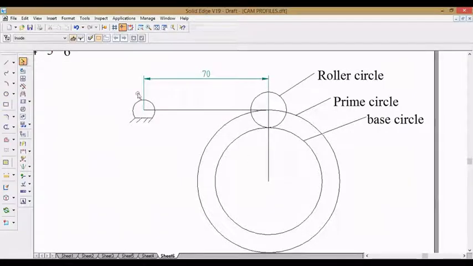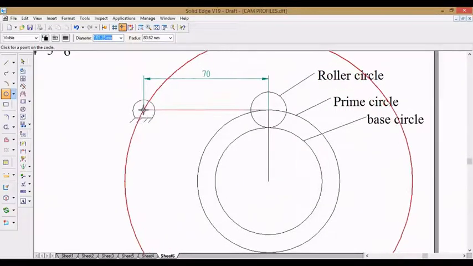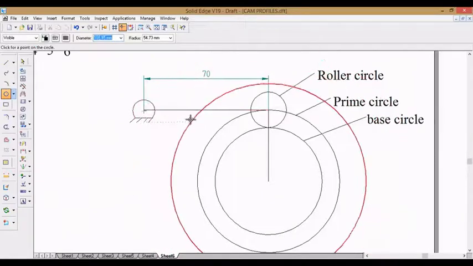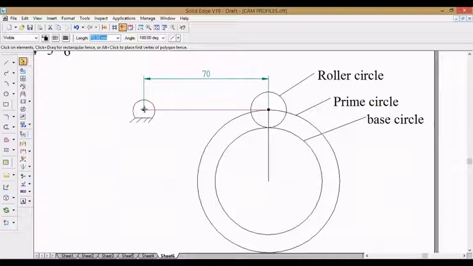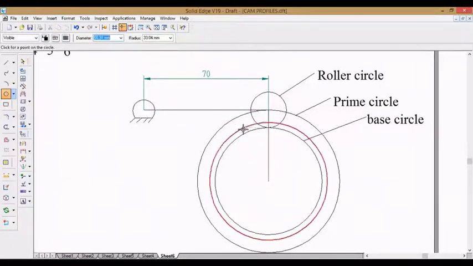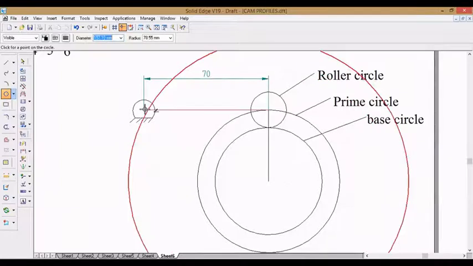You need to take the center of the cam as the center and touch the pencil to this fulcrum. That means the radius will become 70 mm. Take the end point of this fulcrum as the radius, keeping the cam center as the center, and touch the center of the fulcrum.